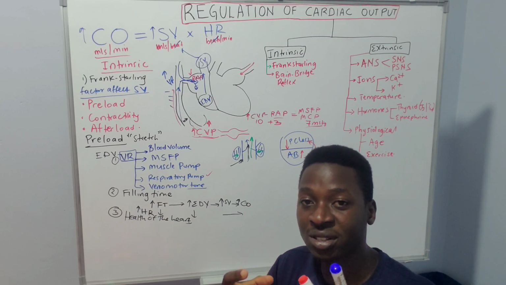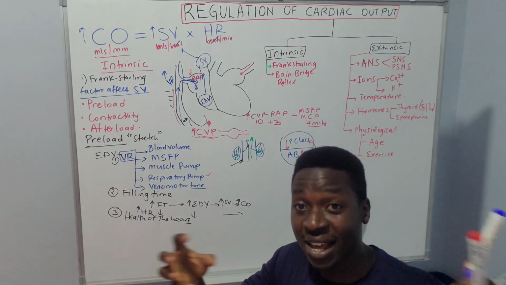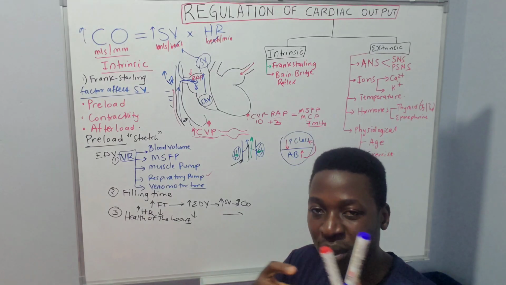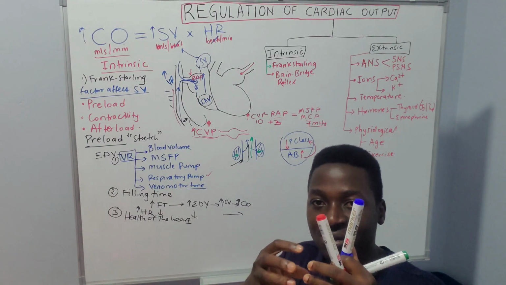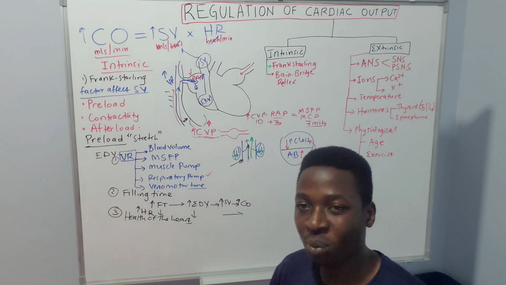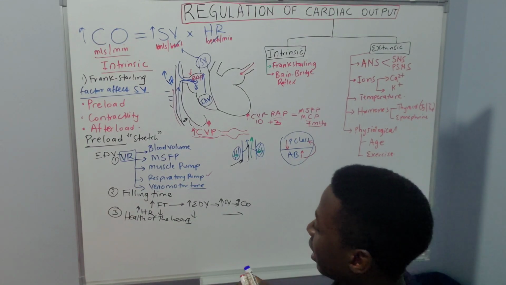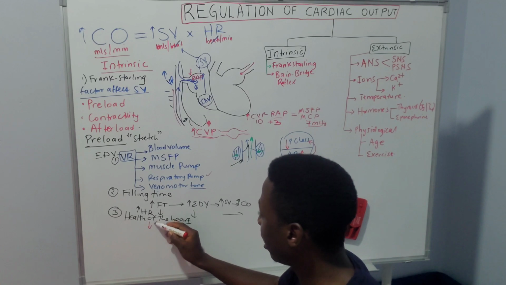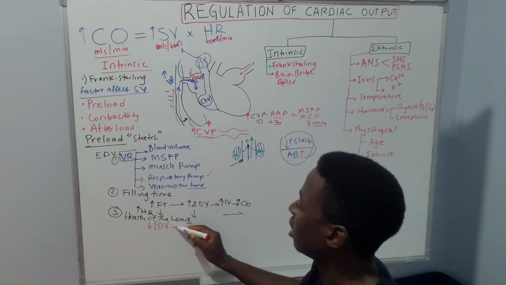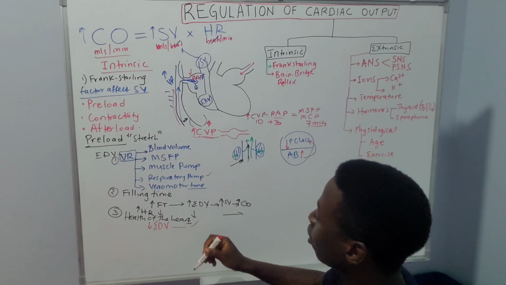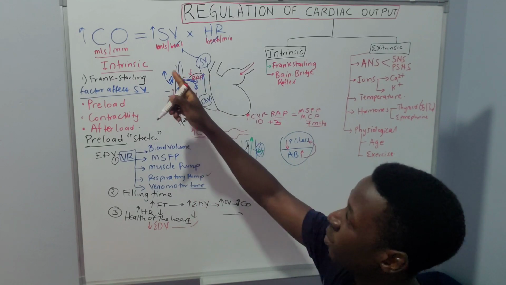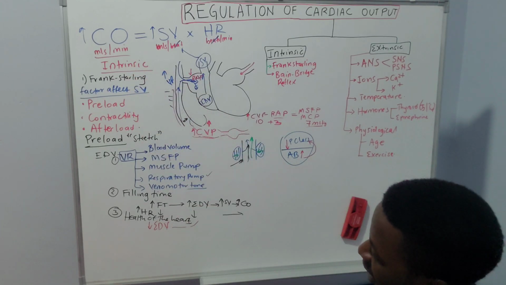So the more fibrous the myocardium becomes, the harder it is to stretch. So irrespective of the volume changes, these ventricles or muscles are not compliant. So in cases like a myocardial infarction, you get a decrease in the end diastolic volume, and eventually this will also decrease the stroke volume and decrease the cardiac output.